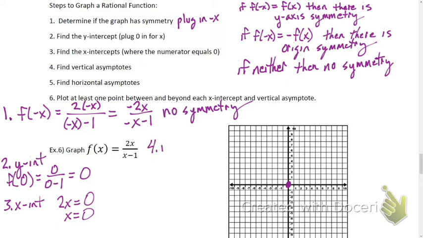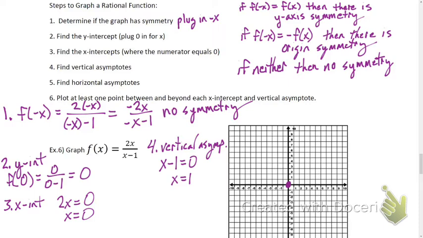Vertical asymptotes. We just learned that yesterday. That's when you set the denominator equal to 0. If you can factor, we can't factor here, but I can solve that. It's just x equals 1.